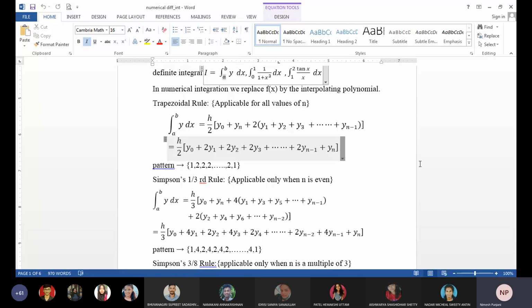All terms with odd suffix will have the coefficient as 4. All terms with even suffix will have the coefficient as 2. This is your Simpson's 1 by 3.